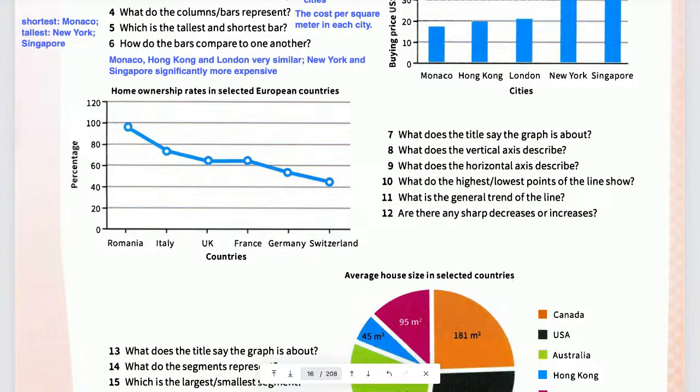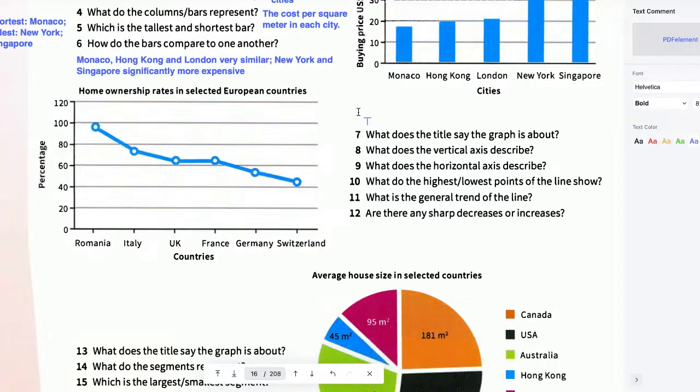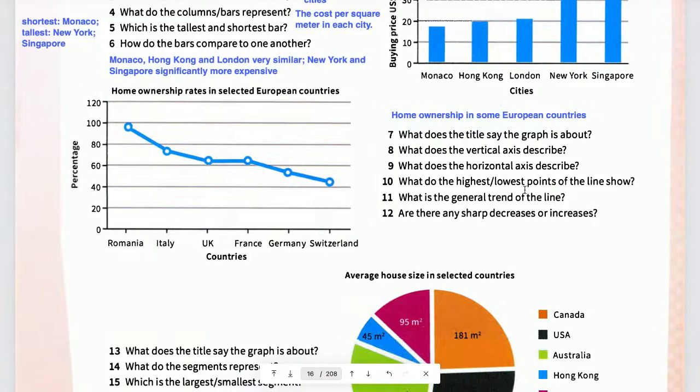In short, you still can write something like home ownership in some European countries. For 7, you can just say home ownership in some European countries.